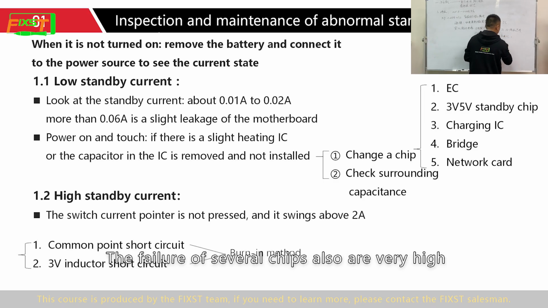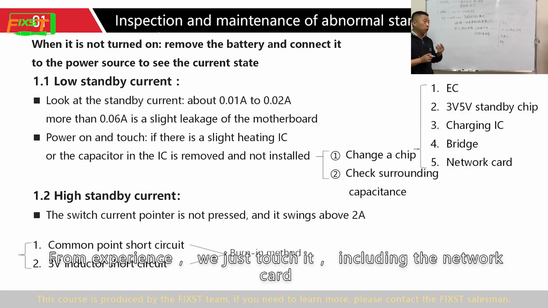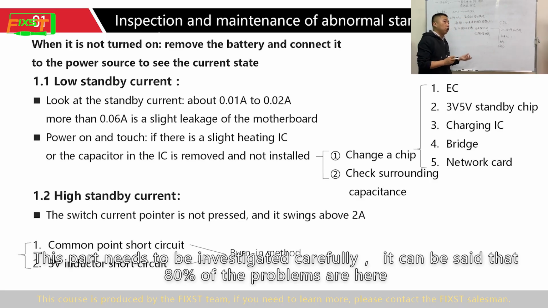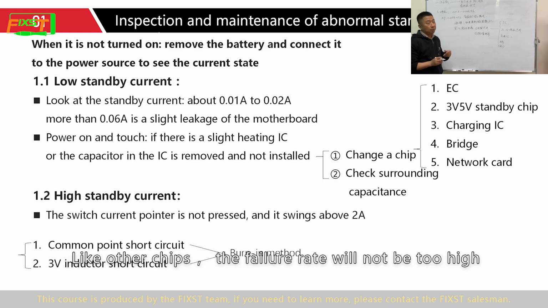The failure of servo chips is also very high. For experience, we just touch it, including the network card. This part needs to be investigated carefully. It can be said that 80% of the problems are here. Like other chips, the failure rate will not be too high.